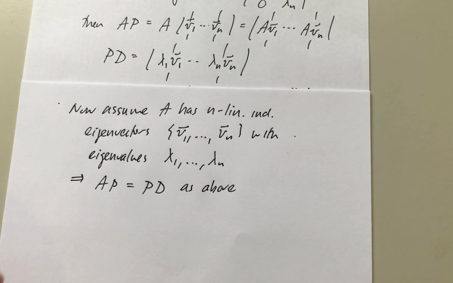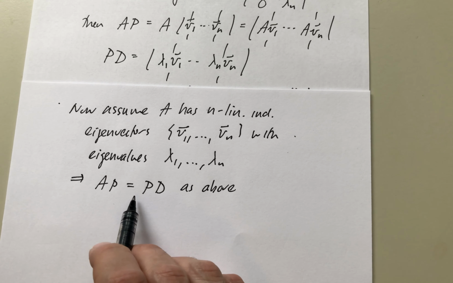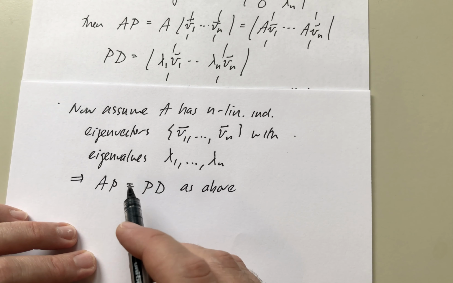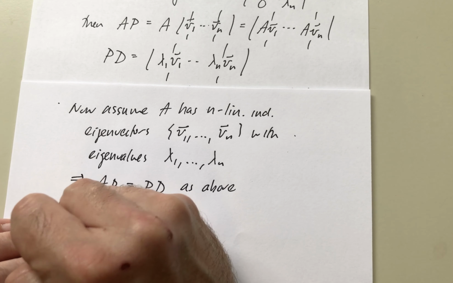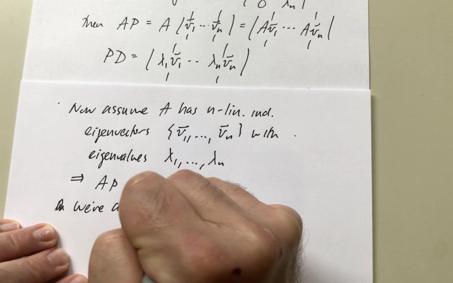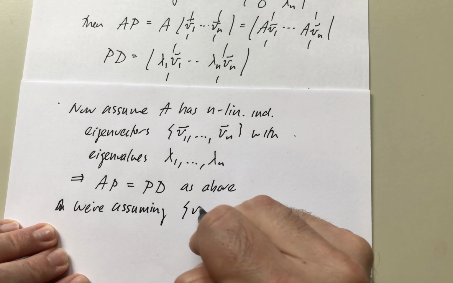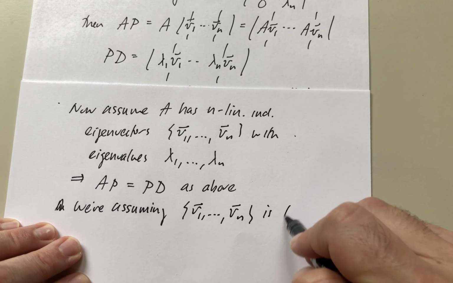Okay, now we're almost there. We have that AP equals PD, but we want to make sure that P is invertible. We're not quite done because we need P to be invertible, but we're assuming that the collection v1 through vn is linearly independent.